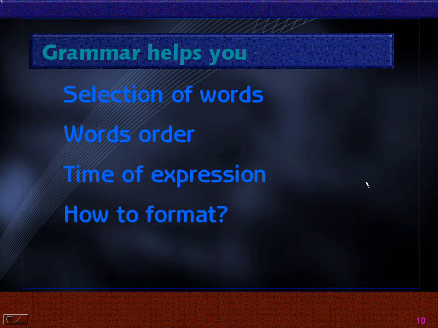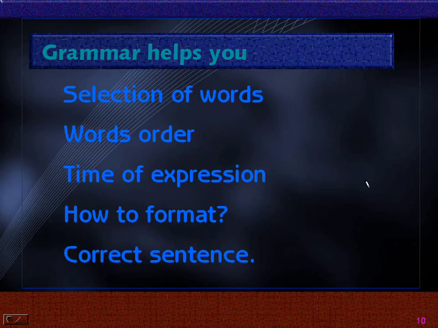How to format. If you have a sentence or a paragraph, grammar will give you guidelines on how to format it. Correct sentence. Once a sentence is formed, we need to identify whether it is correct or wrong. Grammar will tell you each time whether the sentence is wrong or correct, so it helps you make correct sentences.